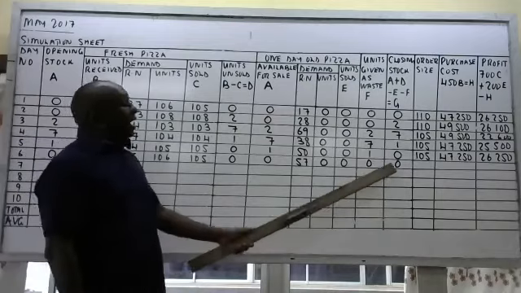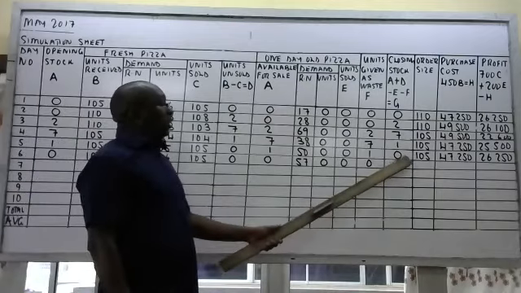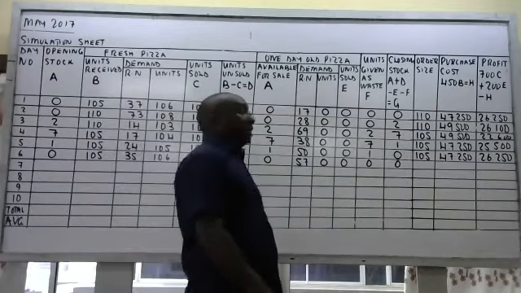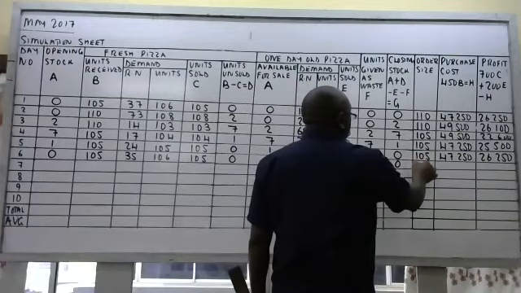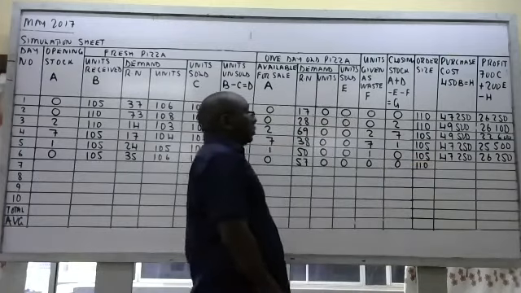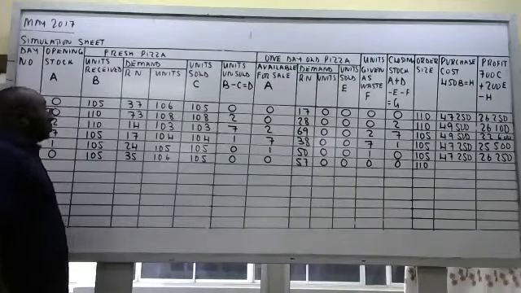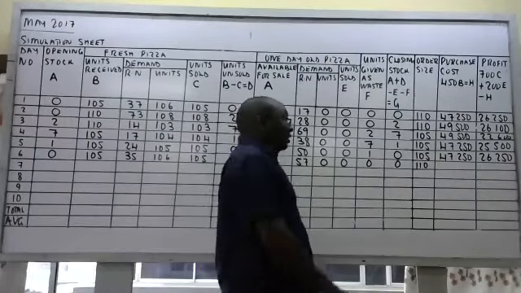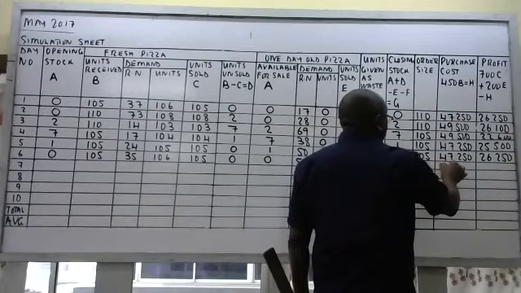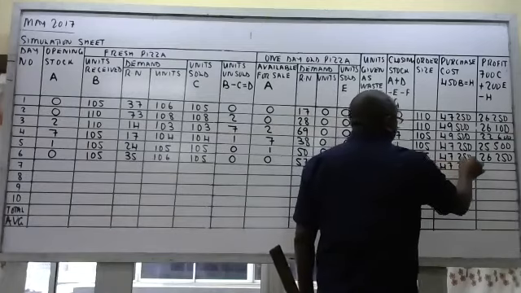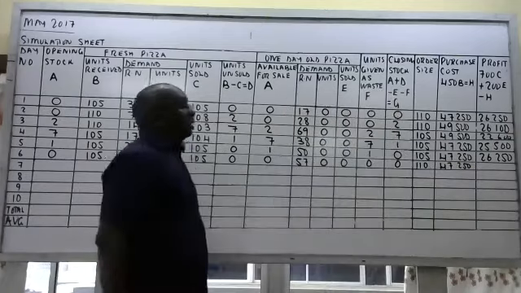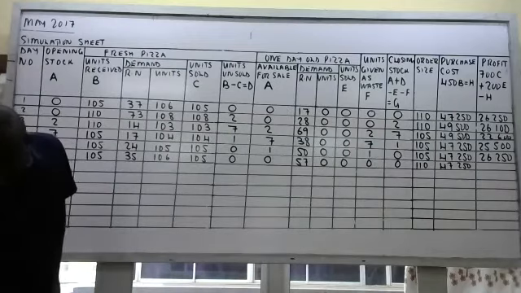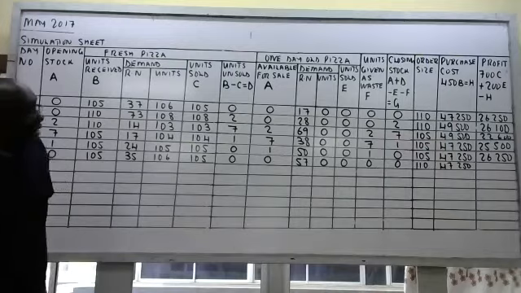So kwanza tunaangalia hapa, hii closing stock tunapata ilikuwa 0. So when it is 0, we place an order of 110. Purchase cost of 105, hiyo tunajua ni 47,250. So work out and tell me what will be the profits.